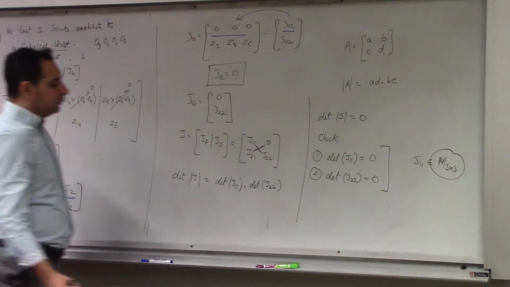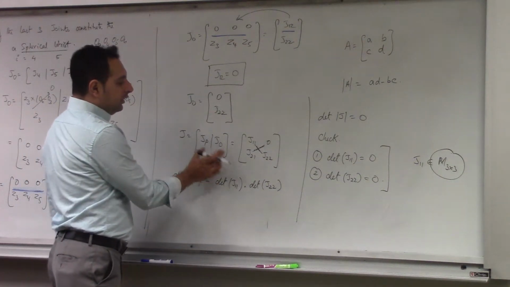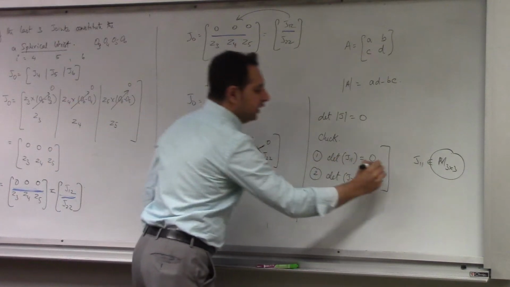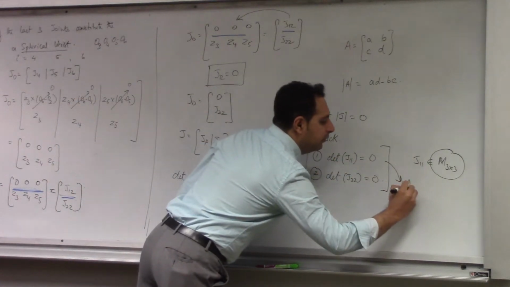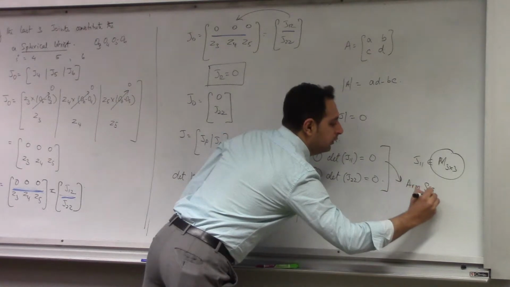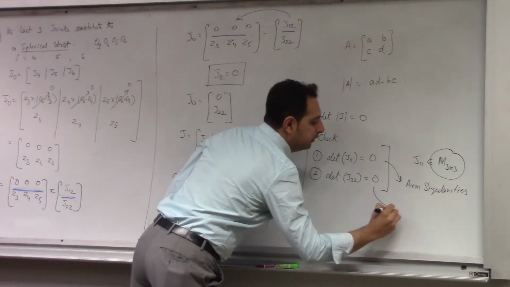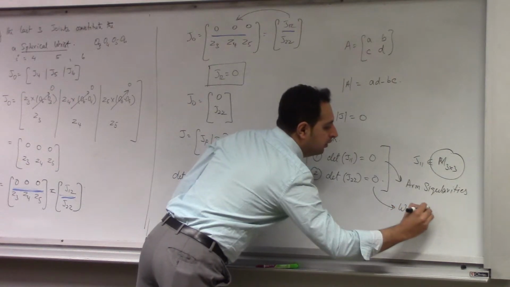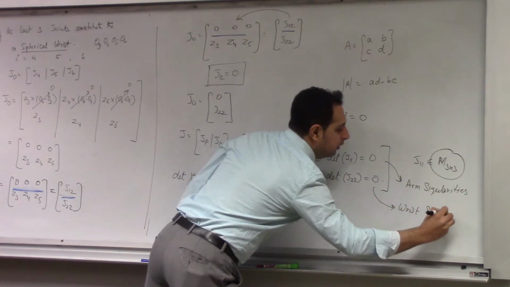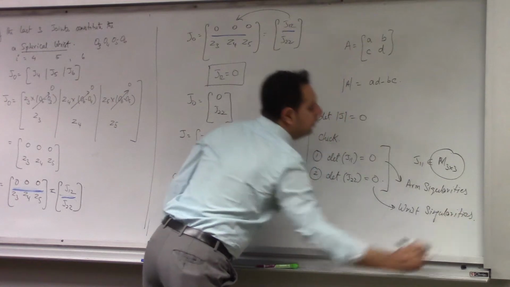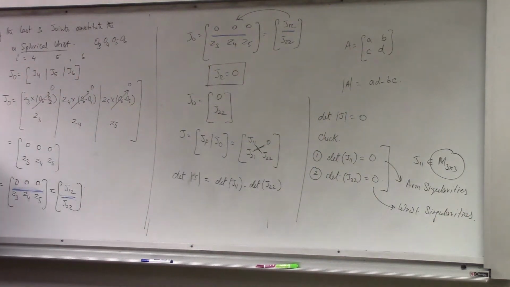This will give you isolating wrist. This will give you positioning singularities. This will be arm singularities. And this will be wrist singularities. Okay, so you can decouple singularities like this.